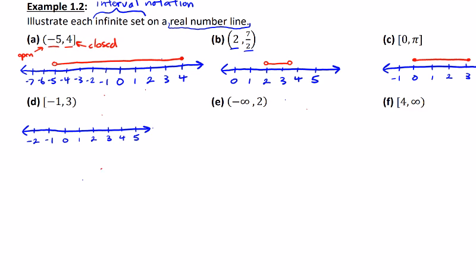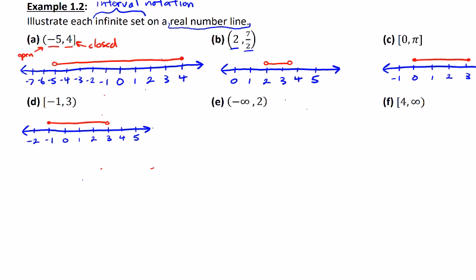Starting at -1 here, we have a closed dot. At +3, we will have an open dot, and we'll take everything in between. So these 4 examples are all examples of bounded sets. They are infinite because there is an infinite number of real numbers that we could select in between the boundaries.